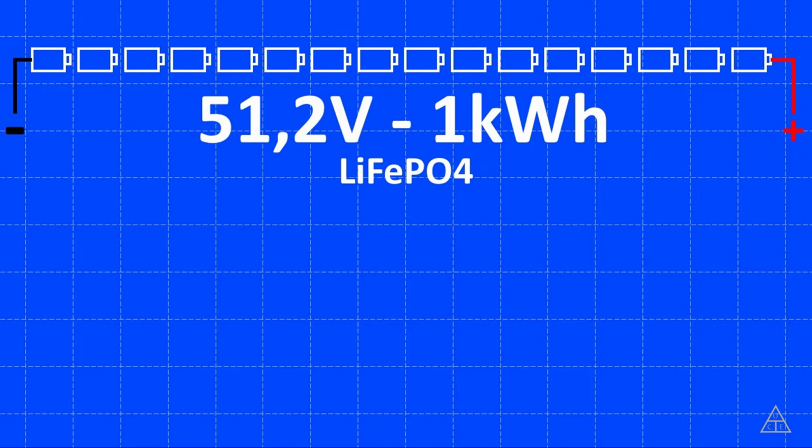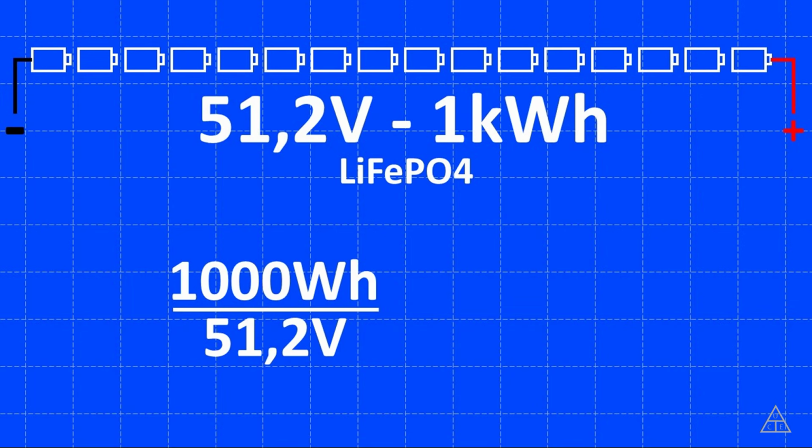And the capacity of a battery pack is defined by the capacity of each series of it. Let me explain. To know the needed capacity for each one of the series of this battery pack, that we want to have 1 kilowatt hour or 1000 watt hour, we need to divide that by 51.2, that's the nominal output of the battery pack, and you get something around 20 amp hour.